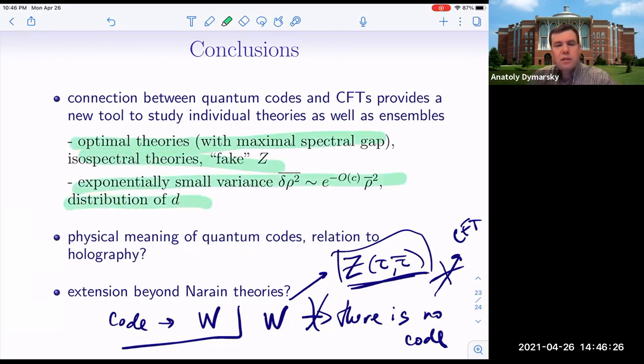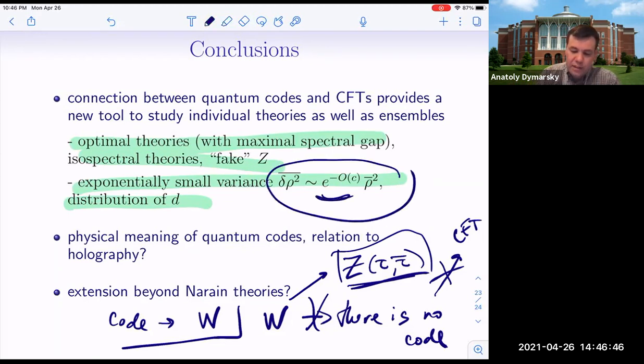And that's a valid application, and basically codes provide a new toy model or new playground to study ensembles. And these are always finite ensembles, and you can usually calculate things pretty explicitly. For example, in this calculation of density of states, we have shown that the variance is exponentially small. We could do it easily because we considered codes as a toy model.